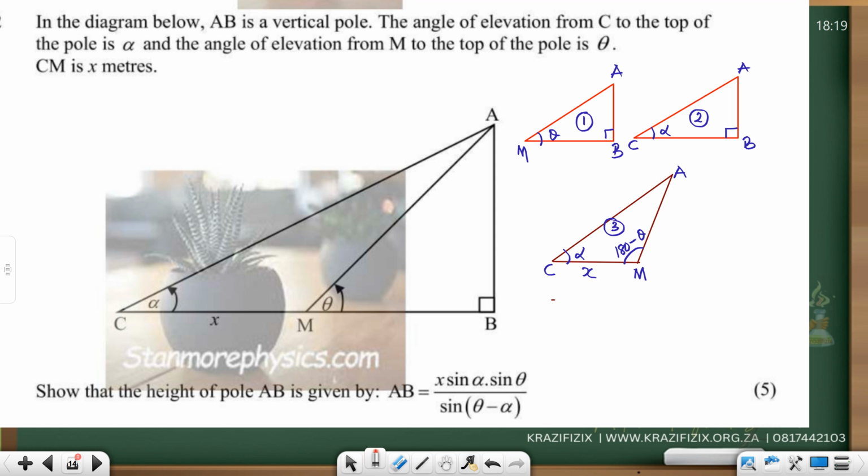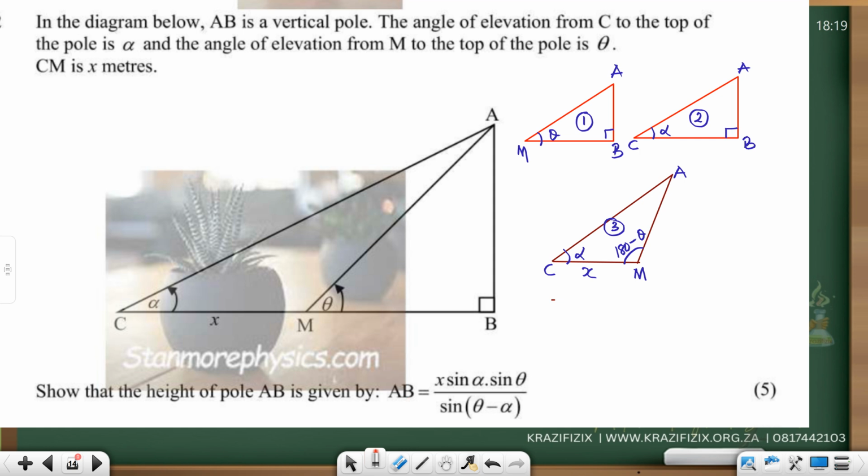We have 3 triangles. Okay, look, I see that there's a sine alpha in this thing. I see sine alpha, I see sine theta. Can we find those two? Because both of them are kind of connected to what? AB. So if I consider, I haven't done this before, we're going to check.